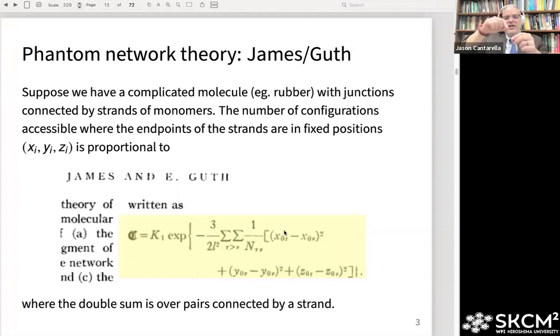And it turns out that the volume is proportional to a sort of Boltzmann distribution, a negative exponential, where the constants are the distance apart between the two endpoints of the strand. So here we see the paper of James and Guth where they're summing over squared distances between points connected by a strand.